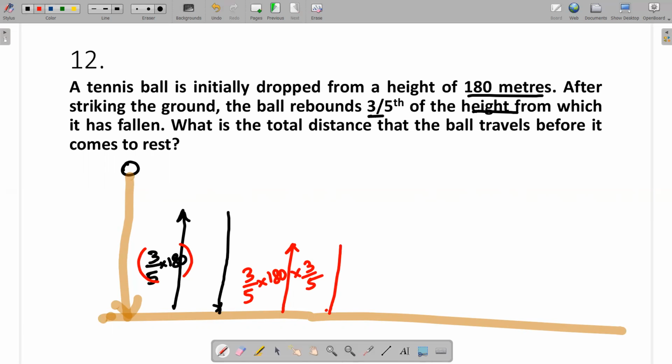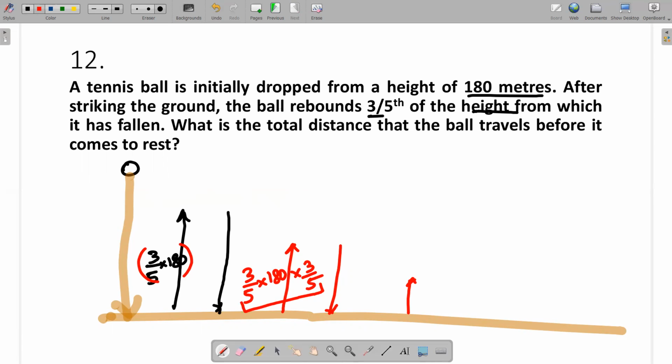And the same height it will be coming down. And this process continues. The next height that it goes up will be 3/5 of 3/5 of 3/5 of 180. This pattern continues up to infinity. That is the point you have to note.